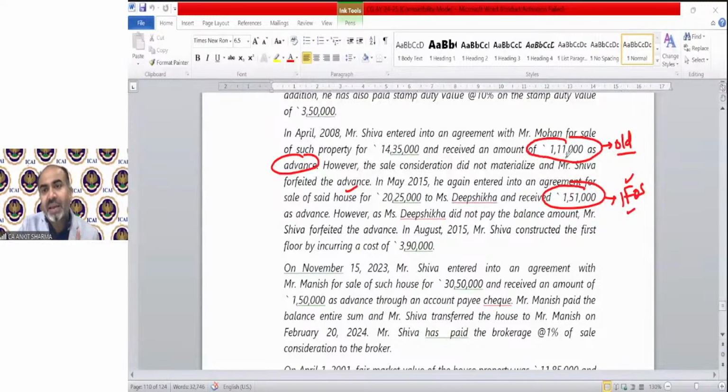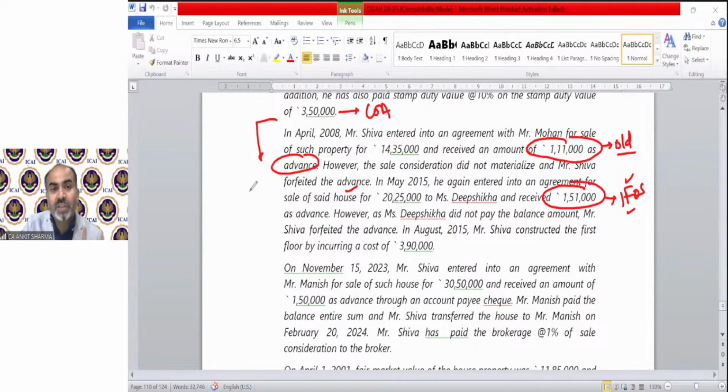So this 1,11,000 is going to be reduced from the cost of acquisition. This is the cost of acquisition at the time of sale. When you see the solution, in the solution this advance money has been shown as income from other source. No treatment has been shown in the year of forfeiture.